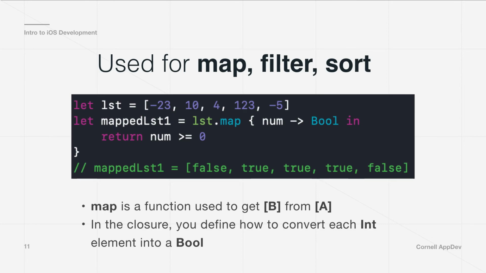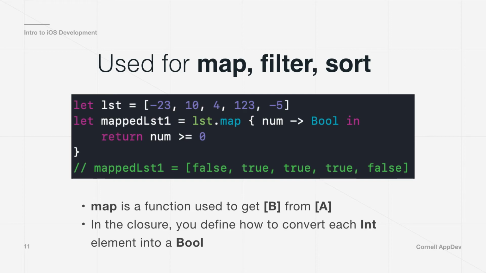Okay, so some very common use cases of closures in Swift are these functions called map, filter, and sort. Map takes an array of one type and converts it to an array of a different type. As you see here, we have this num keyword, which is just any individual element in our array, and we can take that element and convert it to anything else that we want.